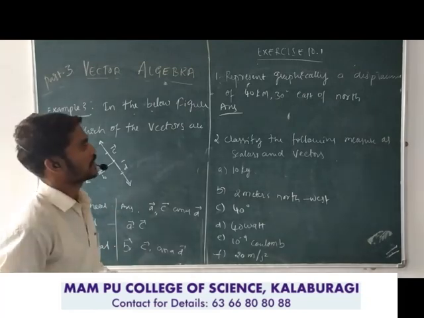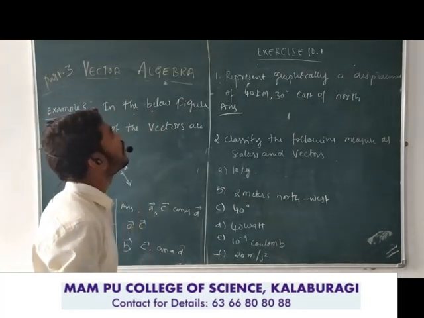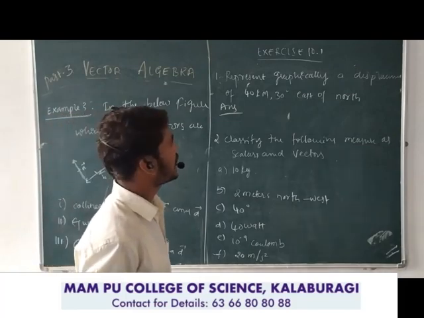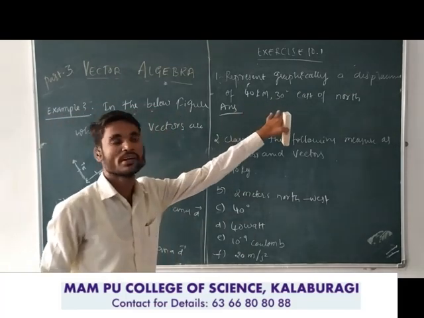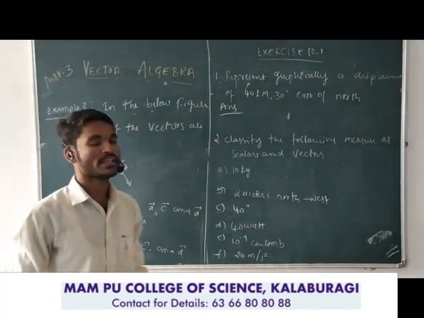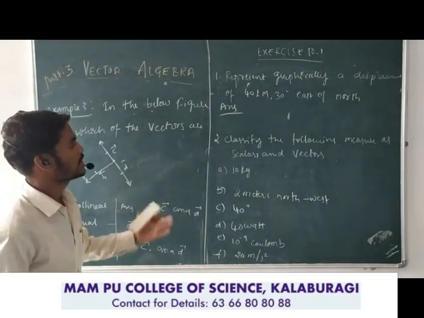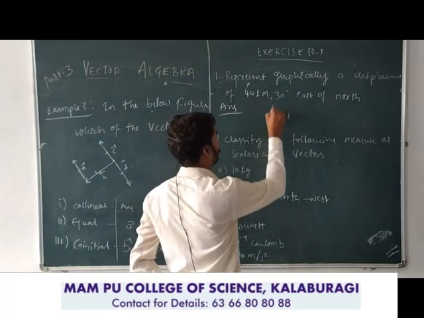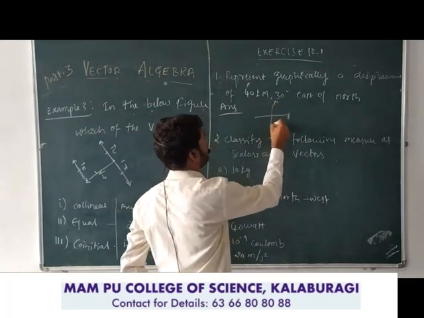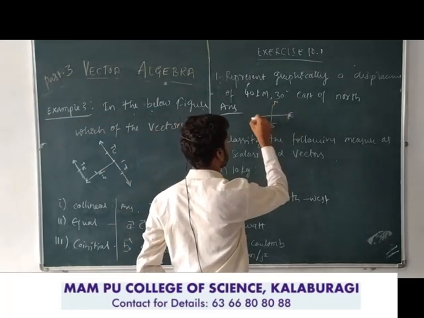Now come to your exercise 10.1. Represent graphically a displacement of 40 kilometer 30 degree east of north. Students, we only solve problems like these. This is north, this is south, this is east, this is west.